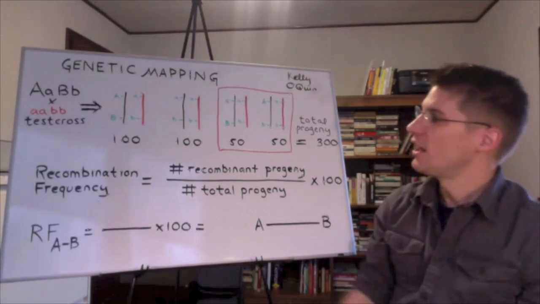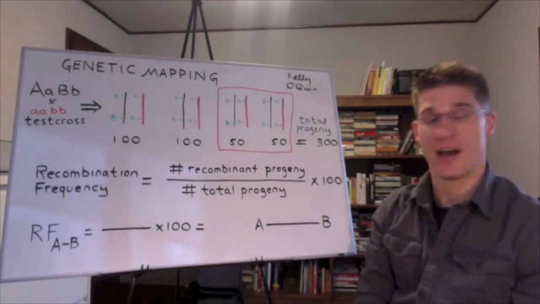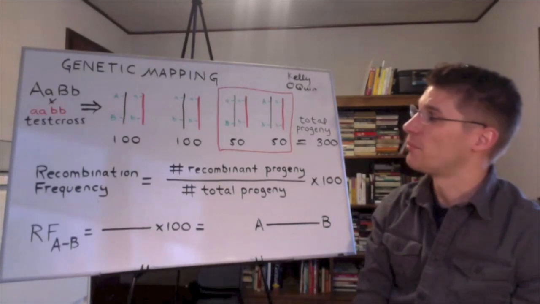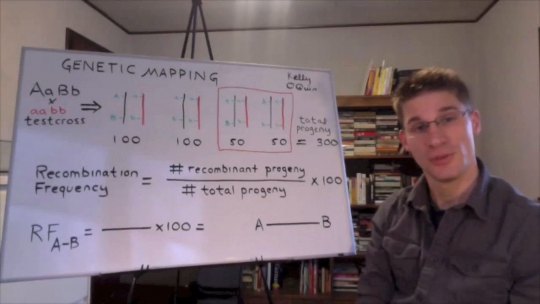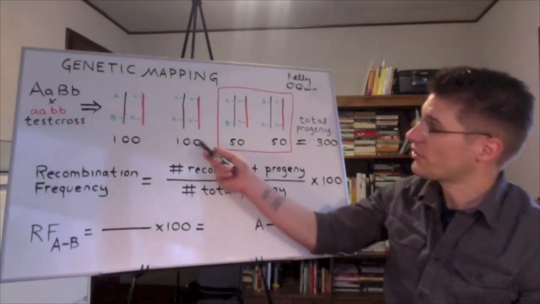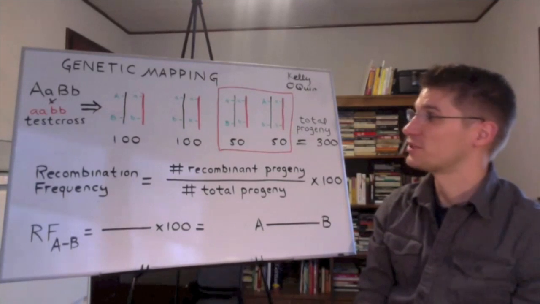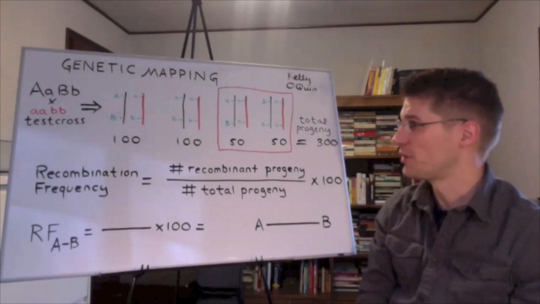So in this case, from our test cross, we've produced a bunch of progeny, or offspring, or children. I have 100 progeny that look exactly like our heterozygous dominant individual. They have big A, big B, little b chromosomes. I have another 100 offspring that look exactly like our homozygous recessive individual, little a, little b, little a, little b.